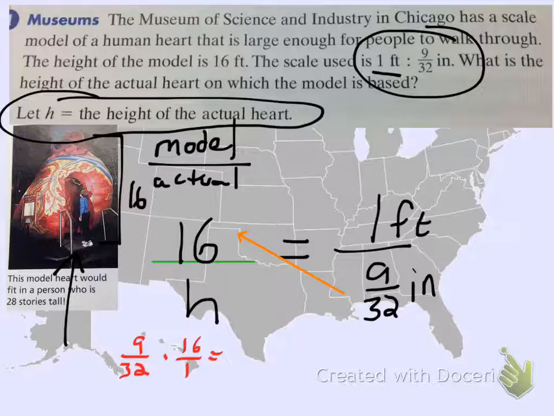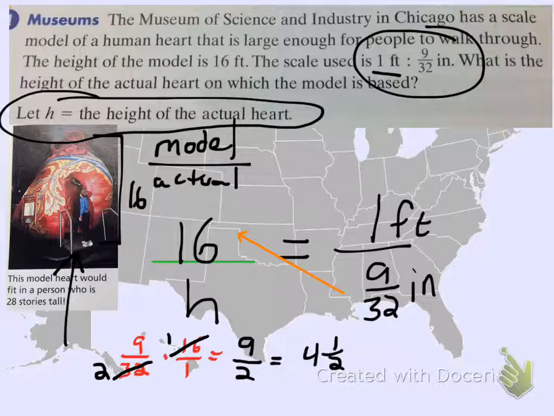I know 16 will go into 16 one time. And 16 will go into 32 2 times. So now when I multiply, top times top, I get 9, because 9 times 1 is 9, over 2 times 1, which is 2. And I can reduce that. 9/2 is the same thing as saying 4.5.